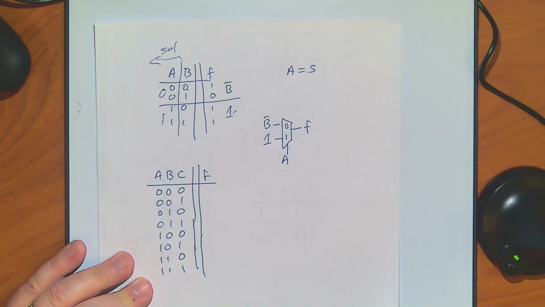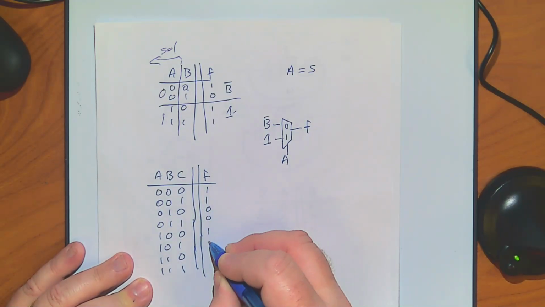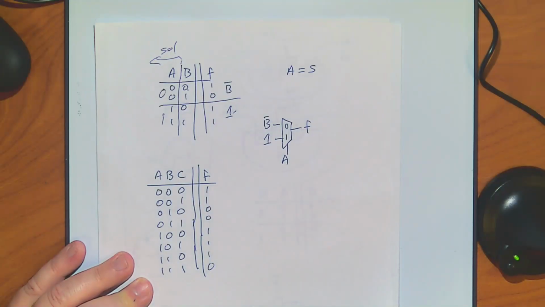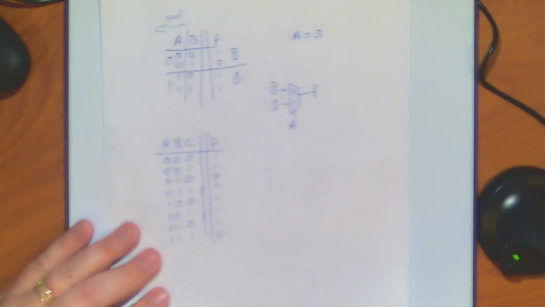You guys pick some pattern of zeros and ones, just so you know I'm not cheating. 1 1 0 0 1 1 1 0. You like it? Fair enough? Is that good?